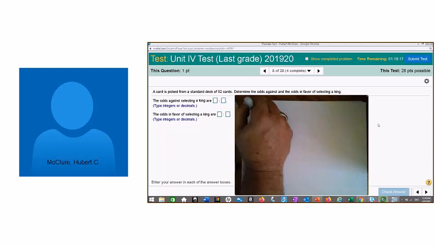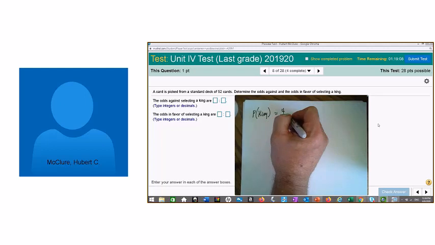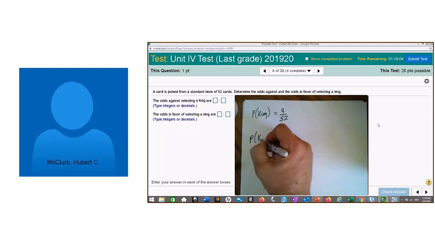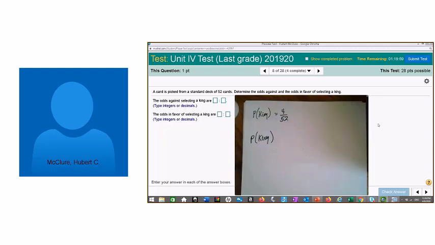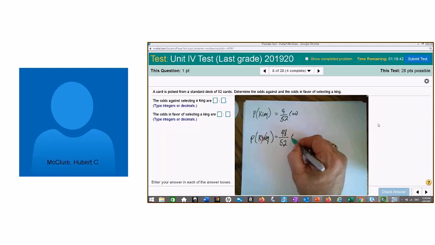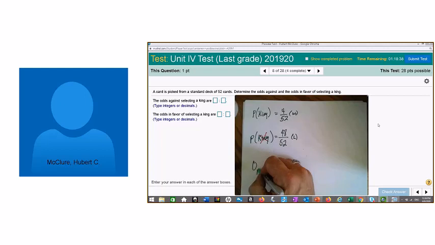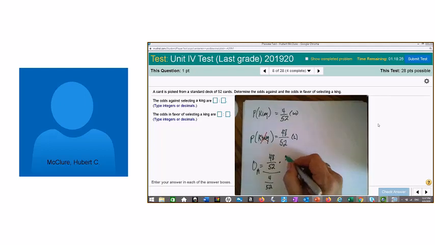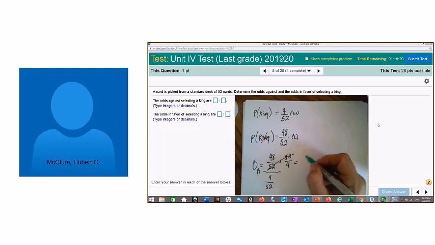Odds, first of all, what is the probability of a king? It did say king, not face cards. Probability of a king is 4 over 52. Then what is the complement of picking a king? Not picking a king. And what would that probability be? 48 over 52. So this is the probability of winning. This is the probability of losing. So the odds against is equal to the probability of losing over the probability of winning, multiplied by 52 over 1 over 4. 48 to 4, which is equal to 12 to 1.